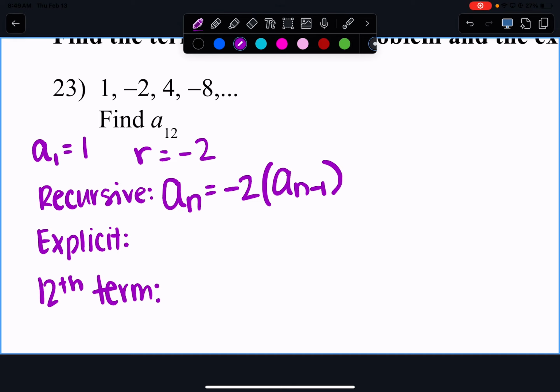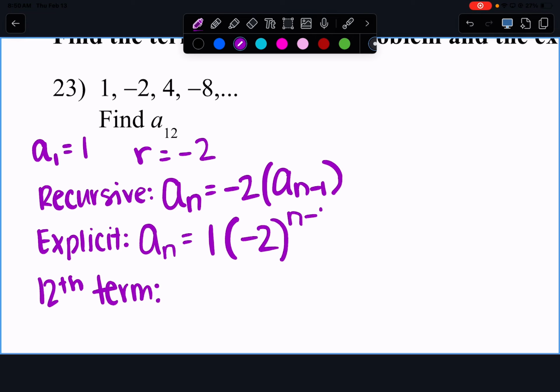That is all I have to do for recursive. Then for explicit, we take AN, we do our initial times our ratio to the power of n minus 1.